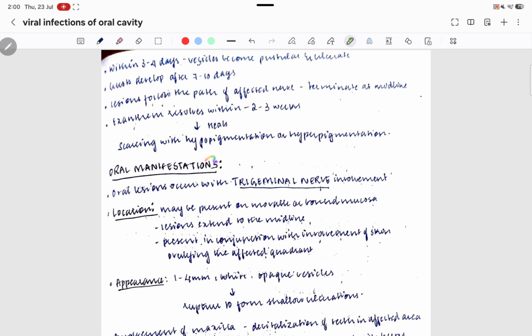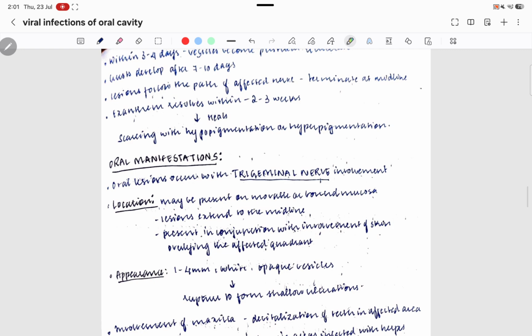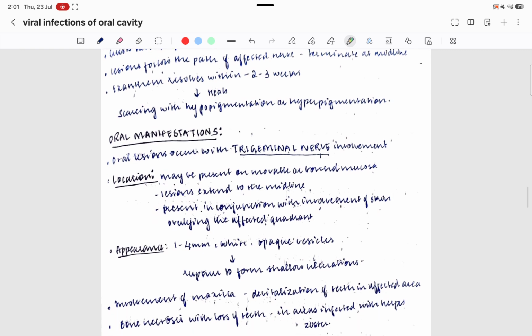Then a crust develops over the erythema in 7 to 10 days. The lesion follows the path of the affected nerve and terminates at the midline. Then the exanthema, the rash, resolves on its own and heals by scarring.